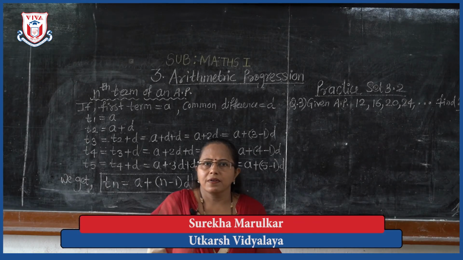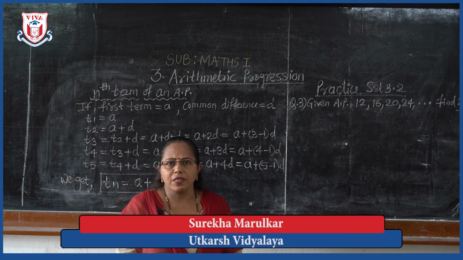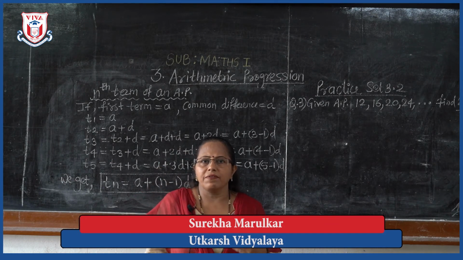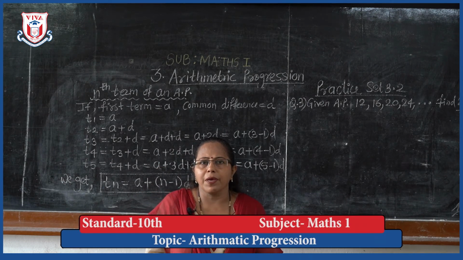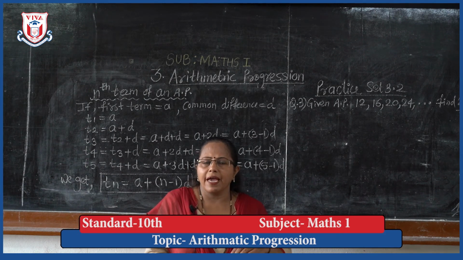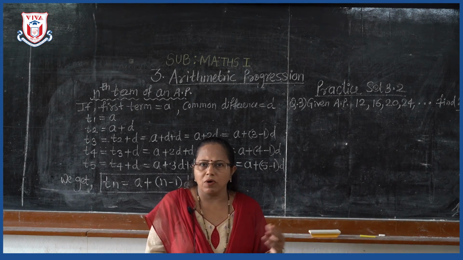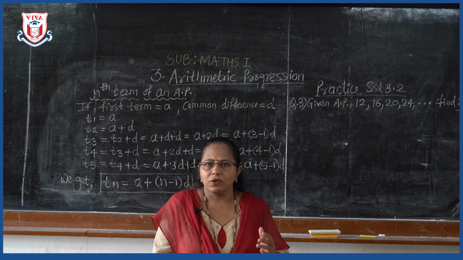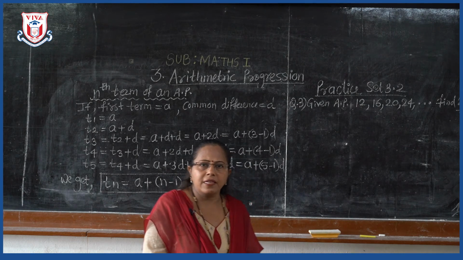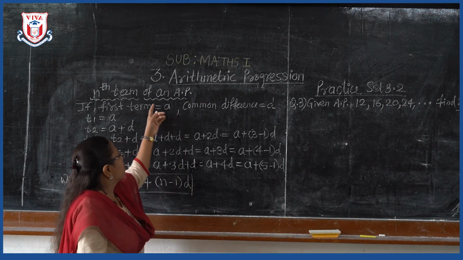Students, we studied the definition of arithmetic progression, and how to decide whether the given sequence is an AP or not. Now, from the given AP, how to find out the nth term of that AP. The nth term is any term of that AP. So let us see how to find out the nth term of the AP.